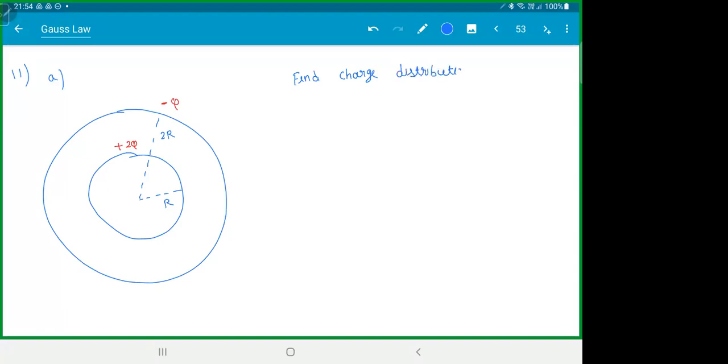Straightforward question. These are concentric conducting shells. And let's say there's a switch also between them. So find the charge distribution before and after closing the switch.